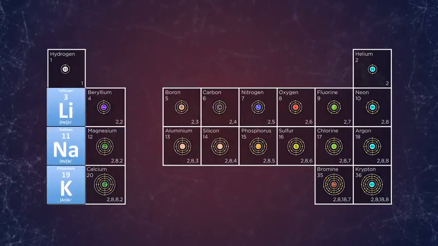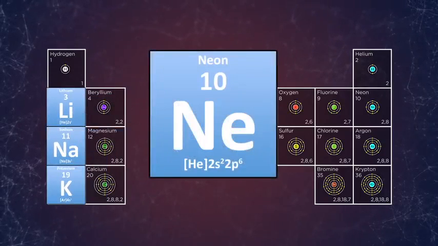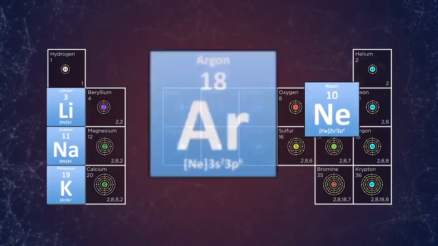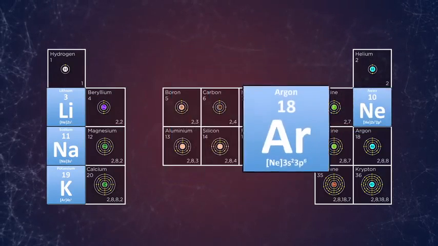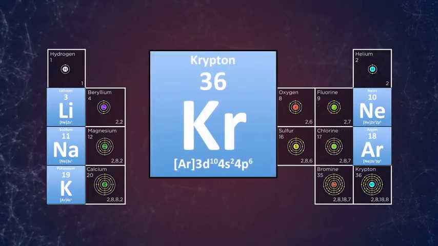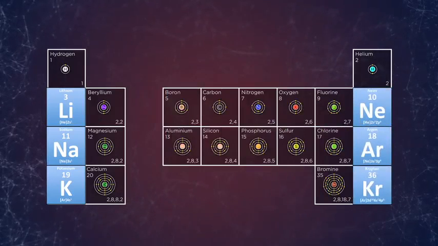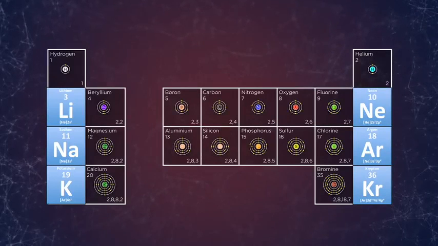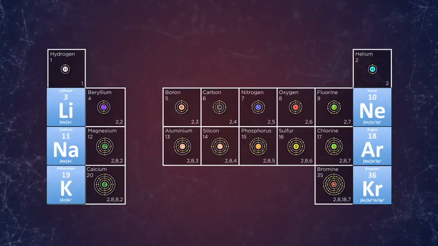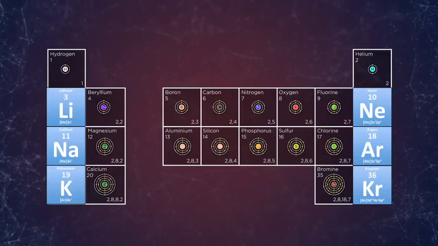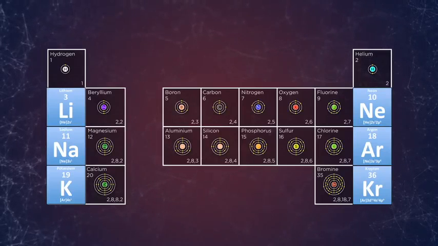And on the other side are noble gases, neon with 2s2, 2p6, argon with 3s2, 3p6, and krypton, whose valence shell contains 4s2 and 4p6 electrons. So we have the benefit of understanding that it's the electron configuration of an element that gives it its own unique reactivity, and that similar valence electron configurations lead to similar chemistries.